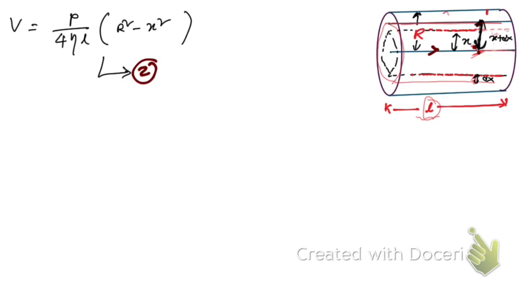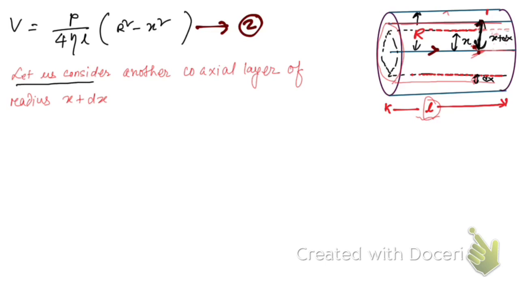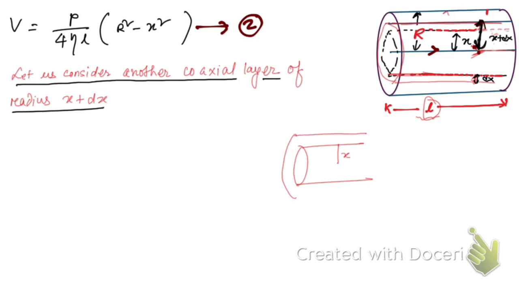So here I have considered another coaxial layer of radius x plus dx. Now you see, this was the initial layer, and its radius is x. And the next layer we have considered, suppose its radius is now x plus dx.